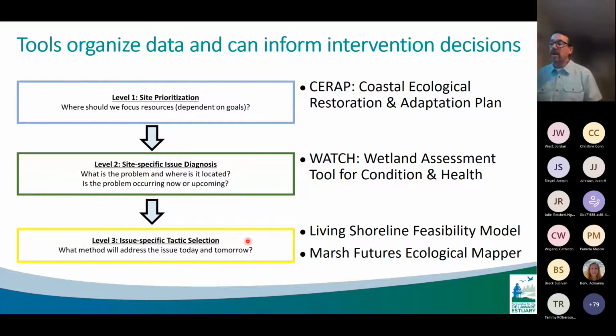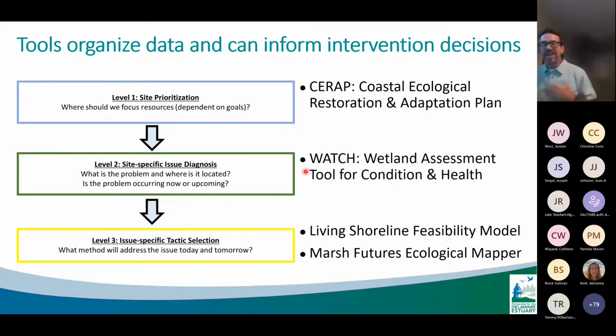And that's what I want to do in the talk today, is talk about 5 different tools that we're developing with various partners up in our area that sort of get at this process of identification to intervention. And first, I'm going to talk about the Coastal Ecological Restoration and Adaptation Plan, or CRAP, which helps us really think about where to work. Then there's WATCH, the Wetland Assessment Tool for Condition and Health that Leanne touched on yesterday.